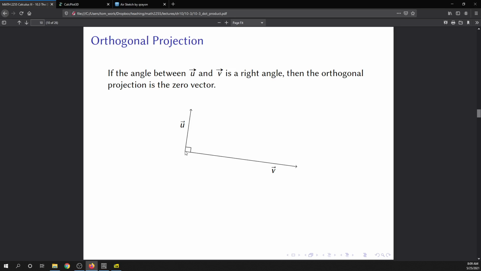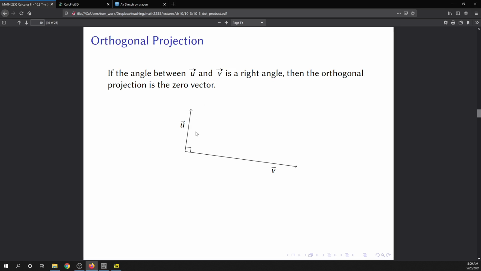So when you draw a vector from the tip of u out to where that perpendicular hits v, that's the same point. If you have the same terminal and initial point for a vector, that's just the zero vector. So you get the zero vector if they're right angles.